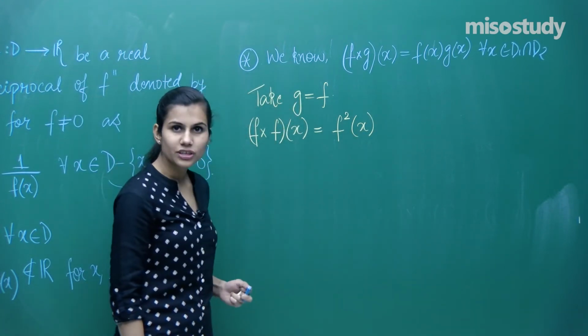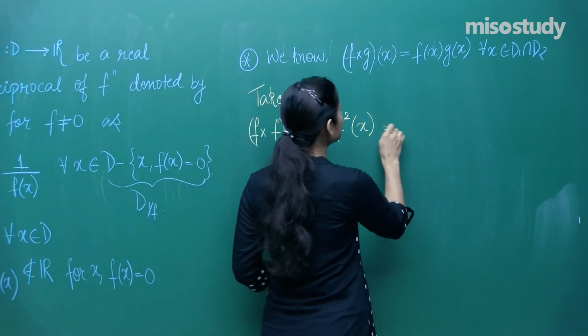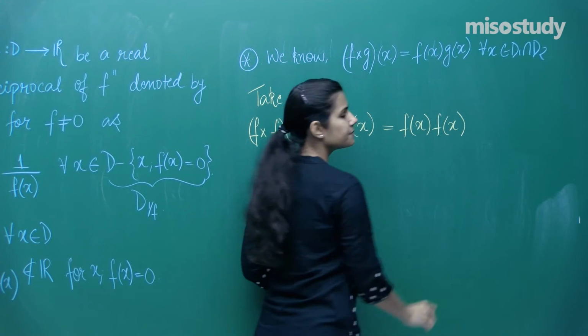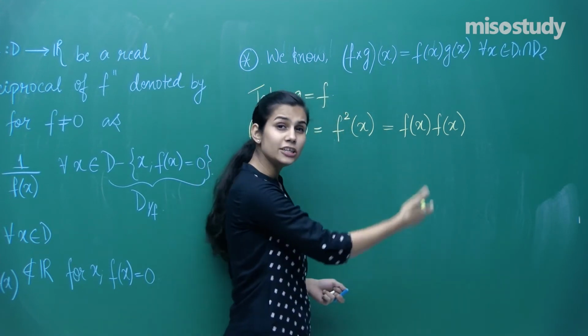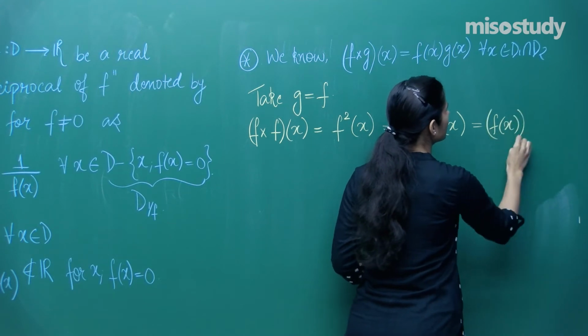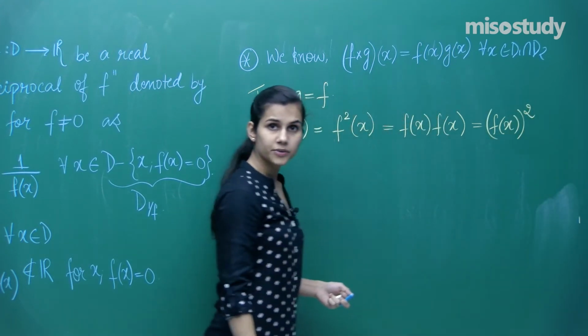And by definition, I know what it is. It is the pointwise product f(x) into f(x), which is nothing but f(x) whole square.